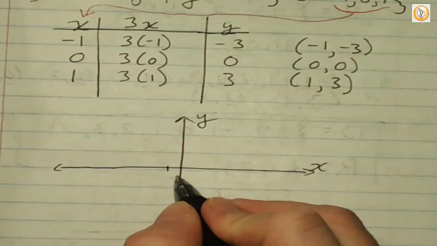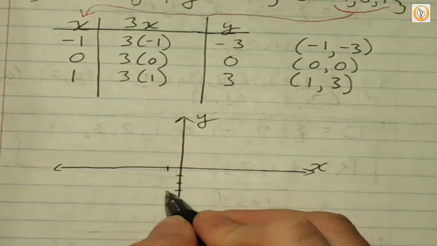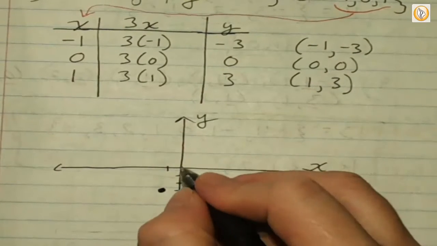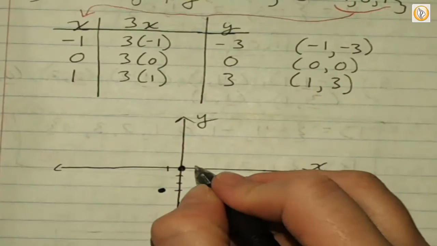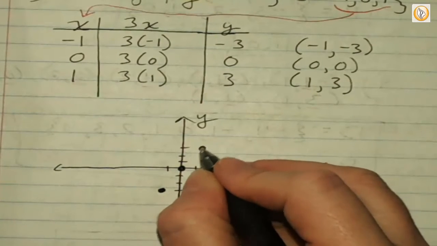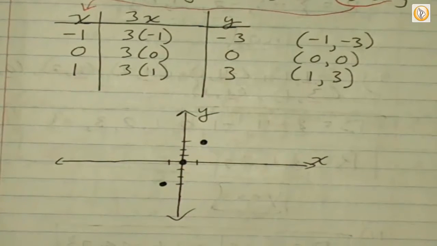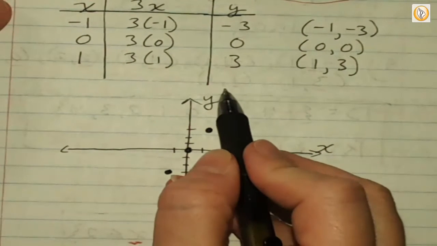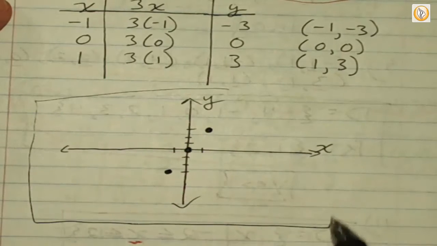So I have -1, 1, 2, 3. 0 and 0. And then 1 and 1, 2, 3. Basically, this is your answer.